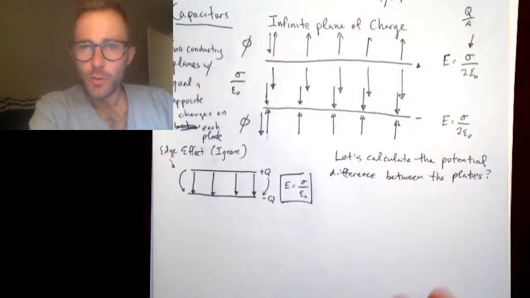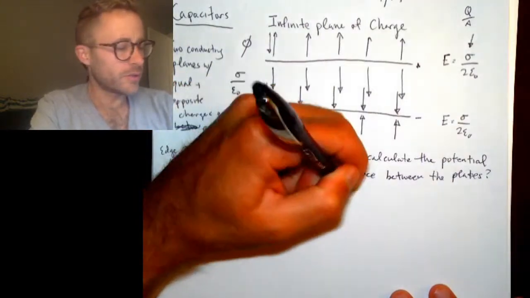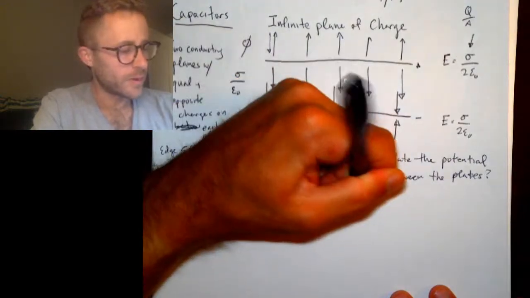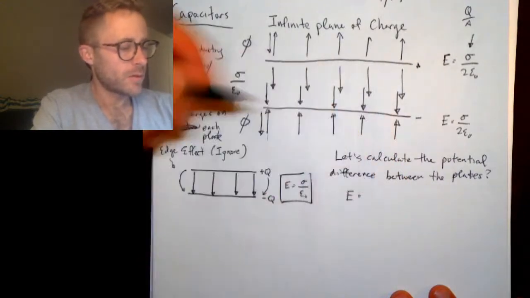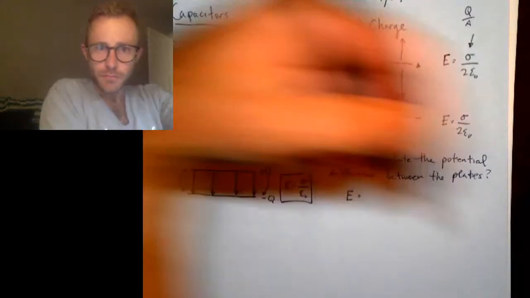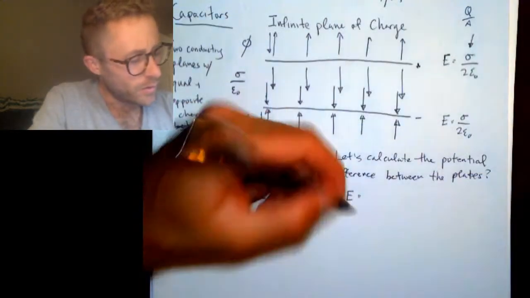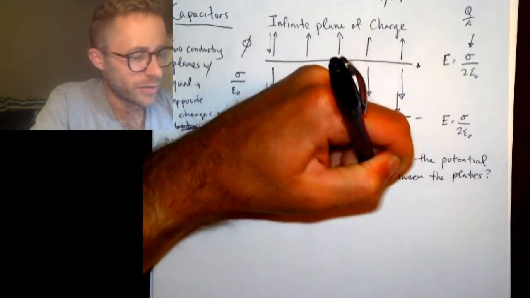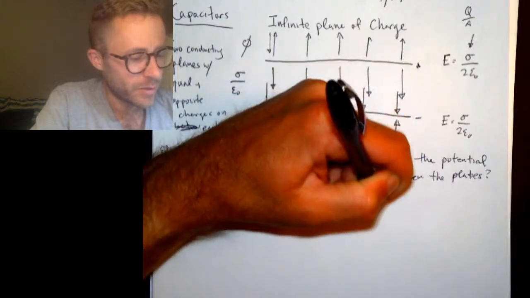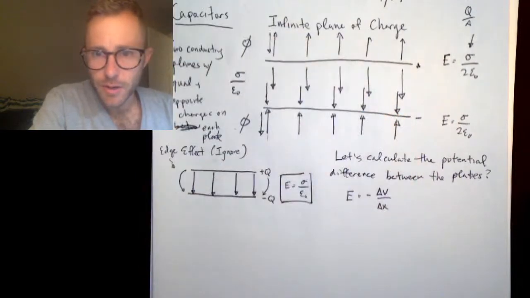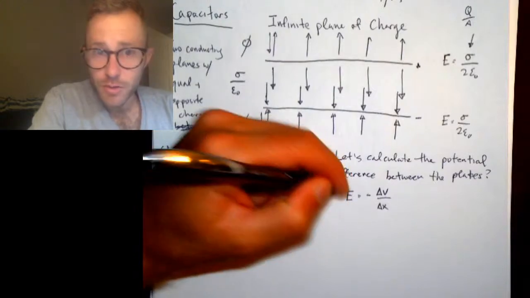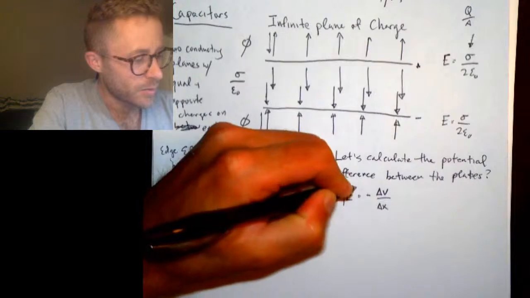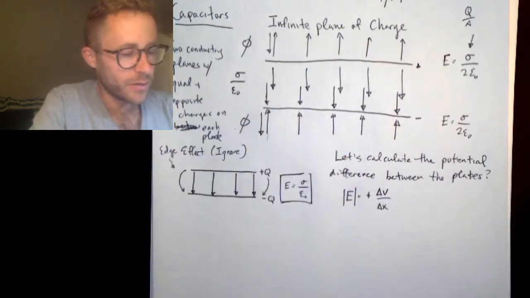Well, we know that the electric field is equal to the change in electric potential divided by the change in distance. I'm going to deal with magnitudes, so I'm going to drop the minus sign.